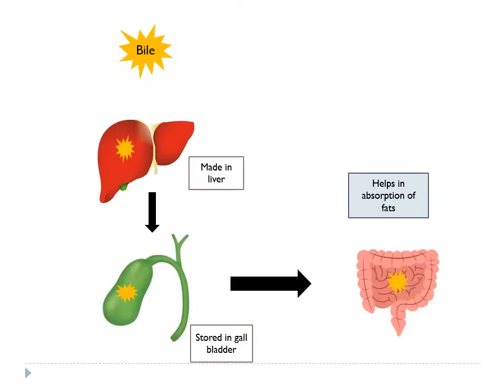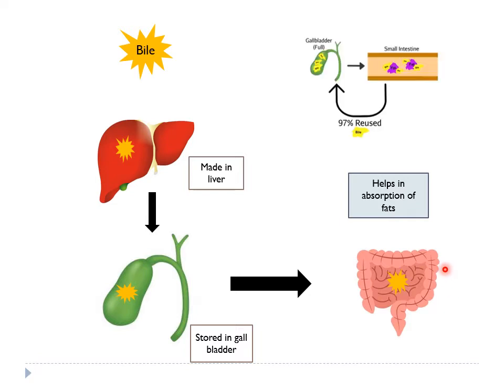Before discussing the mechanism of action of bile acid sequestrants or bile acid binding resins, let's check out what actually bile is. You all know that bile is manufactured in the liver from cholesterol, and then it is stored in the gallbladder, from where it goes to the intestine, and it emulsifies fats and helps in absorption of fat.